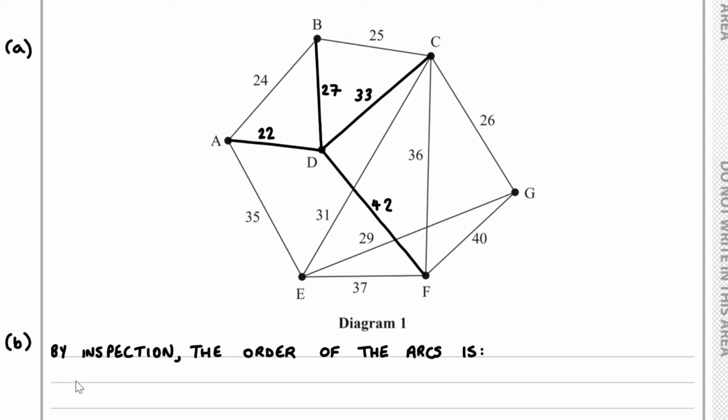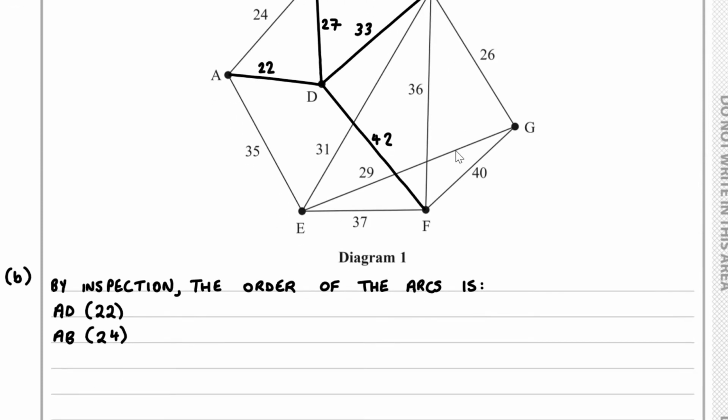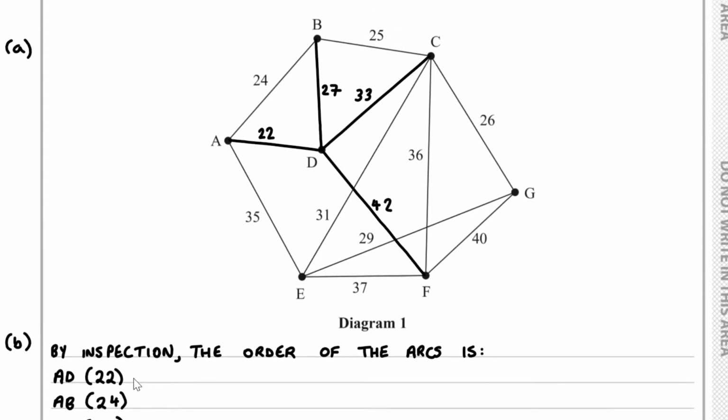By inspection, the order of the arcs is, so if we work through this problem, the smallest is AD. The weight here is 22. Then we have AB with weight 24. Then we have BC with weight 25. Then we have CG with weight 26.